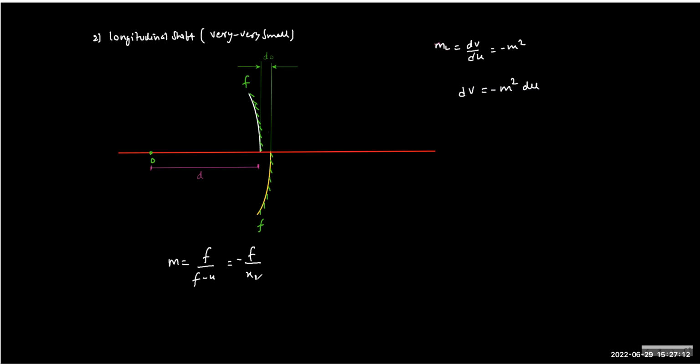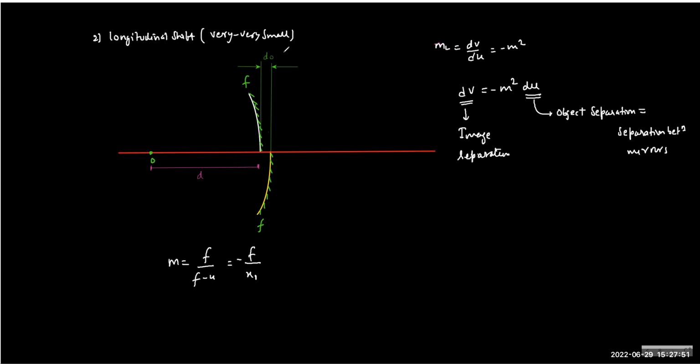And therefore the image separation dv will act as the image separation, and du will behave as the object separation, which is the same as the separation between mirrors.